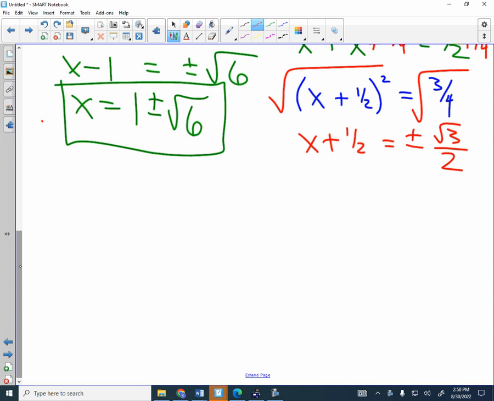Now I just move the 1/2 over by subtracting a half. So x is equal to negative 1/2 plus or minus the root of 3 over 2. I will accept that as the answer. I will never write that as the answer because they have common denominators, don't they? So I would write x is equal to negative 1 plus or minus the root of 3 all over 2.